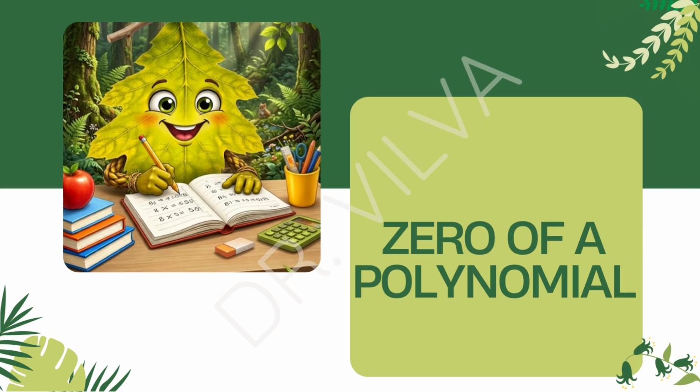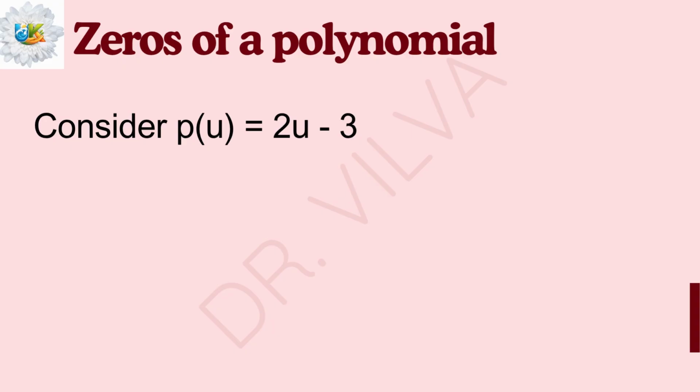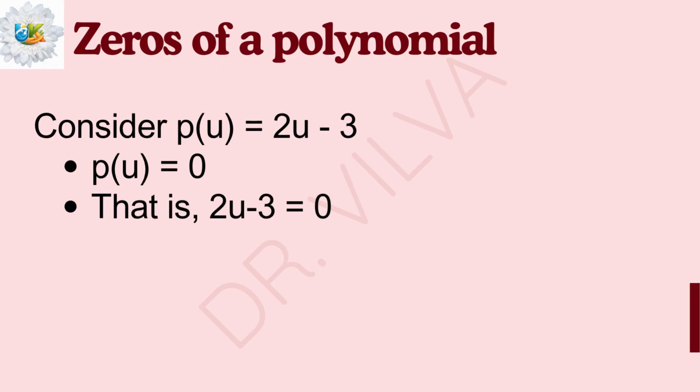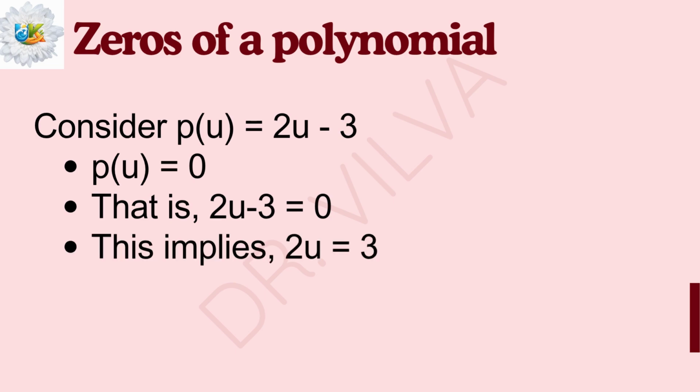Consider p of u equal to 2u minus 3. What is 0 of a polynomial? It should be equal to 0. Therefore, p of u equal to 0. What is p of u? 2u minus 3. Therefore, 2u minus 3 equal to 0.